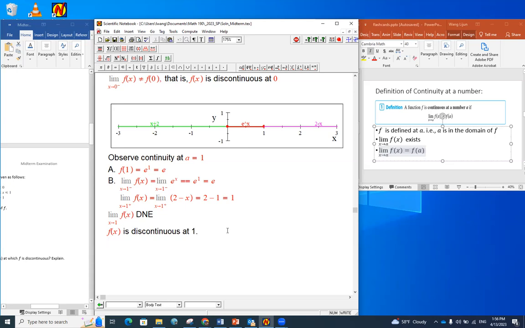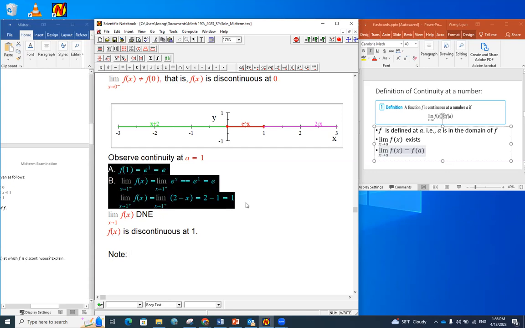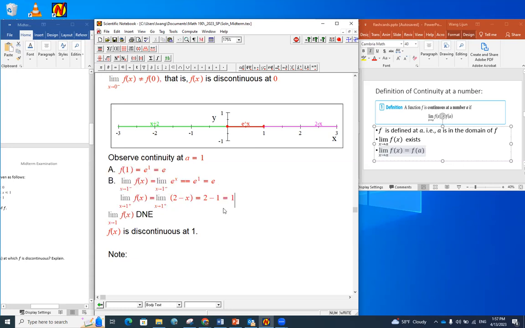Once again, I put a note here. You can also point out that the limit from the right of 1 is not the same as this piece. They're not the same.